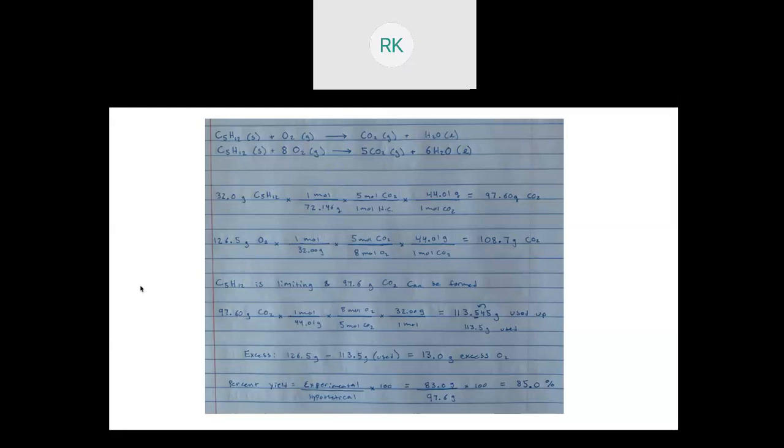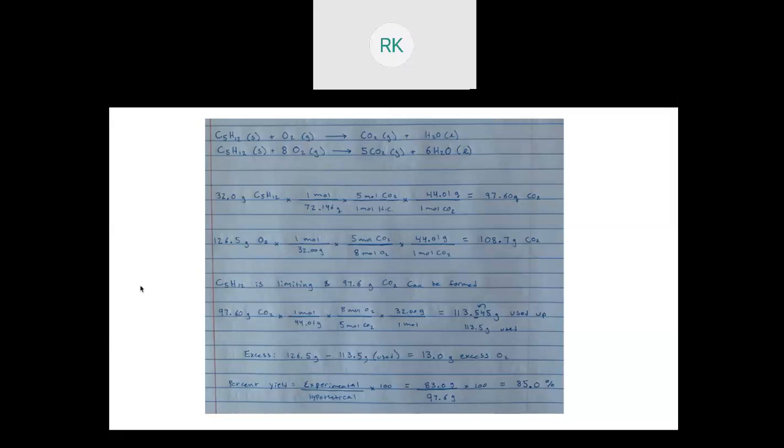And so this is the process I always use to find excess reactant. I'm going to take the total amount of product I can make, right? So we found that above. We found we could make 97.6 grams of CO2. I'm going to convert that to moles of CO2 by dividing it by 44, which is its molar mass. And then I'm going to convert 5 moles of CO2 to 8 moles of oxygen, right?